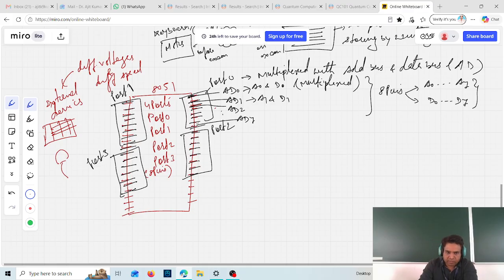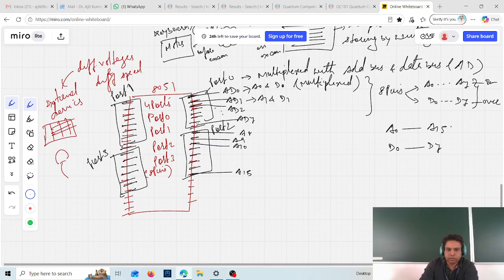Similarly, port 2 is multiplexed with the higher order bus, because we know the total address bus size is A0 to A15, and the data bus is 8 bit, D0 to D7. So this is over, but the address bus is not yet complete. To complete it, here comes the A8 bit, then the A9 bit, then the A10 bit, and like this it goes up to the A15 bit.